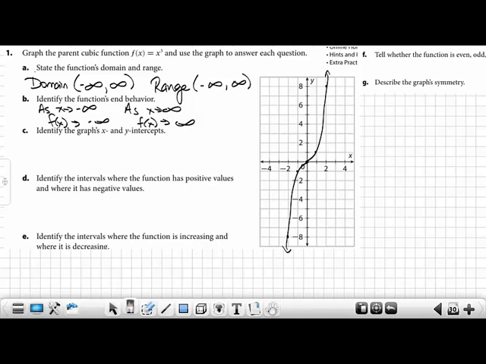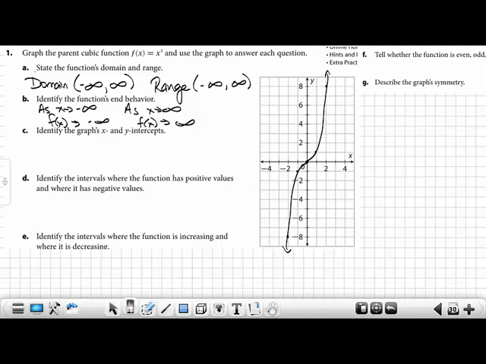I give up. What's going on? Okay, I thought that as it approaches negative infinity, the other one approaches positive. No. It changes depending on what function we're looking at. On this one, as I go to the left, it goes down.